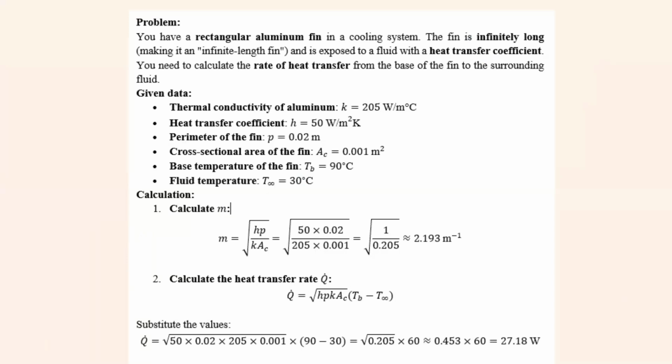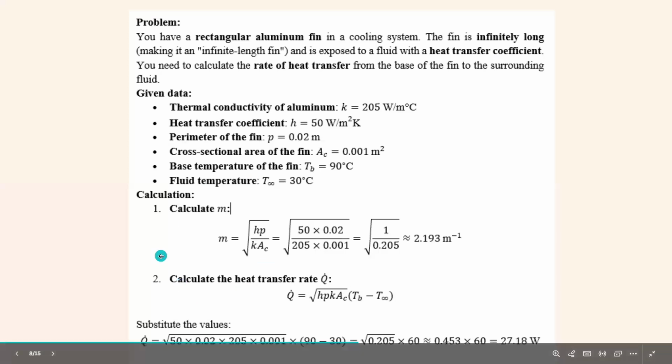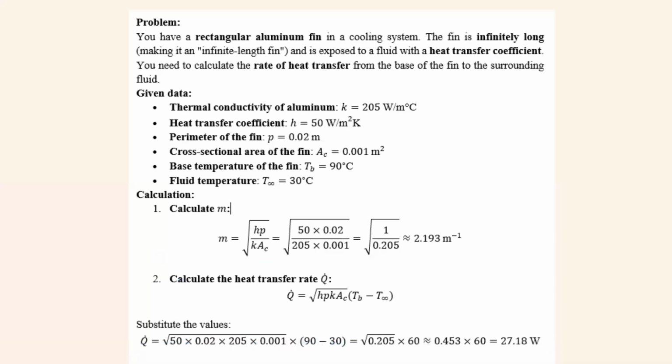We obtain a value of 2.19 meters to the minus 1. The second step is to calculate the heat transfer rate Q. So we use the expression for the infinitely long fin that we found before.